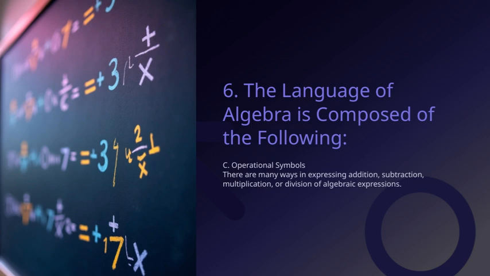This language includes various symbols and conventions that help us write and interpret algebraic expressions accurately. By mastering these symbols, you'll be able to read and write algebra with confidence, which is crucial as we progress in algebraic concepts. So, keep in mind that these operational symbols are the building blocks of algebra, connecting all the different parts of an expression or equation seamlessly.